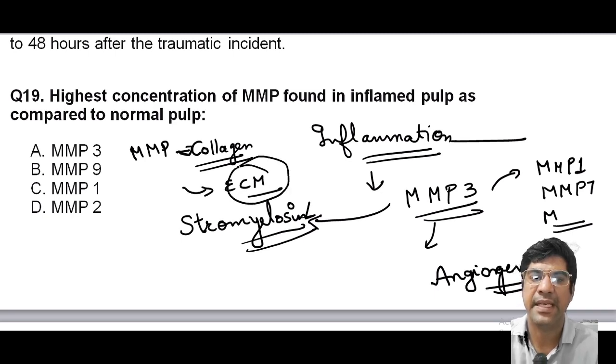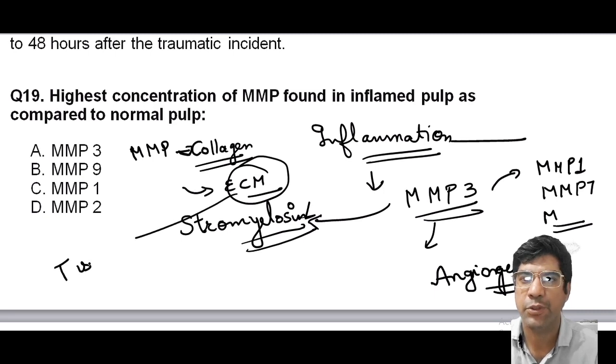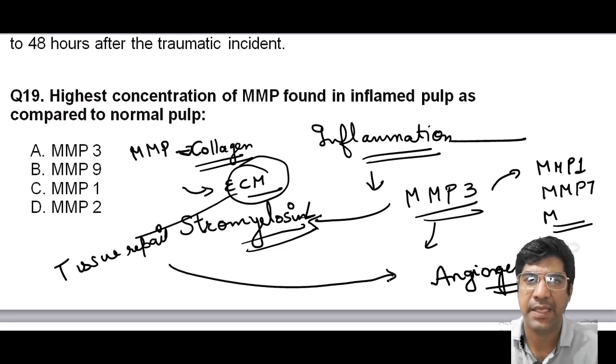This change in extracellular matrix structure is responsible for tissue repair, and this angiogenesis is necessary for healing the inflamed pulp.